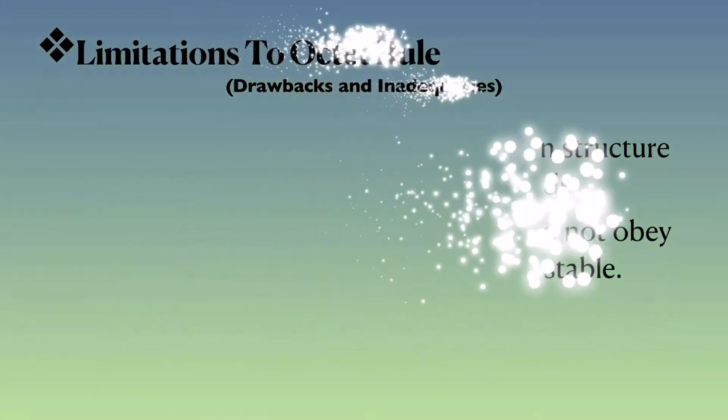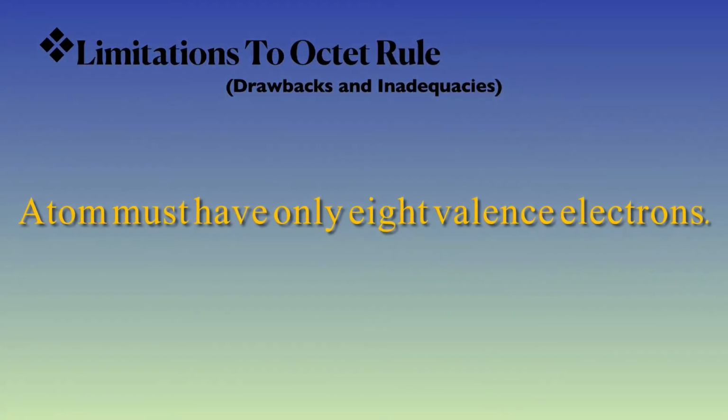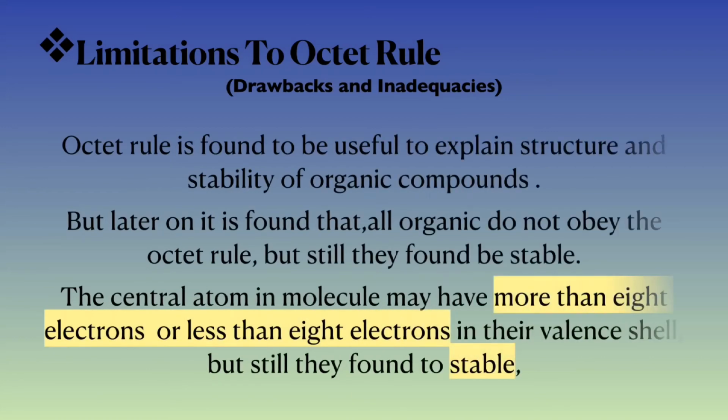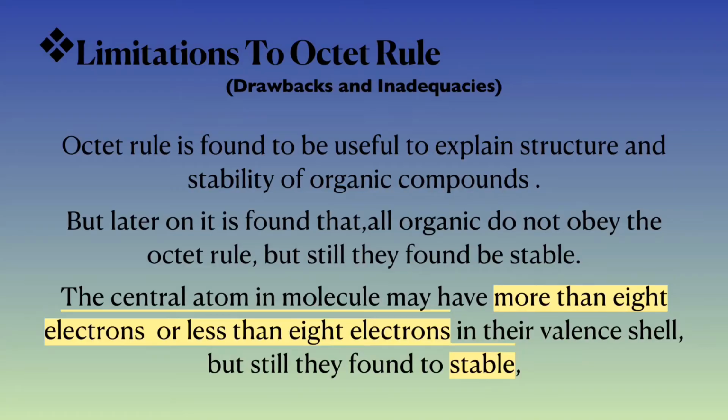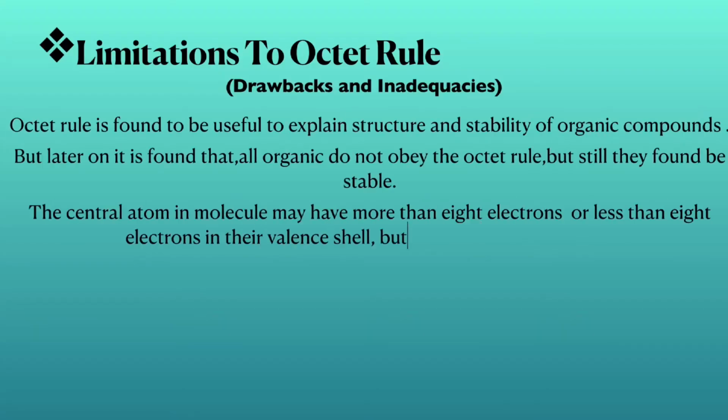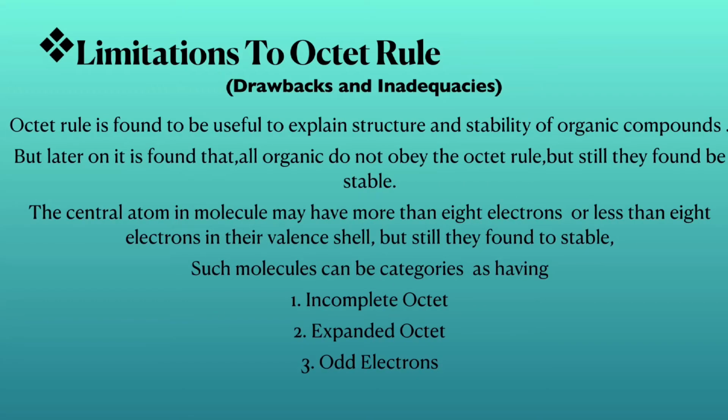We know that the octet rule means an atom must have 8 valence electrons, but it is found that the central atom in the molecule may have more than 8 electrons or less than 8 electrons in its valence shell, but still they are found to be stable. So here the octet rule fails to explain why. Such molecules can be categorized as having incomplete octet, expanded octet and odd electron species.